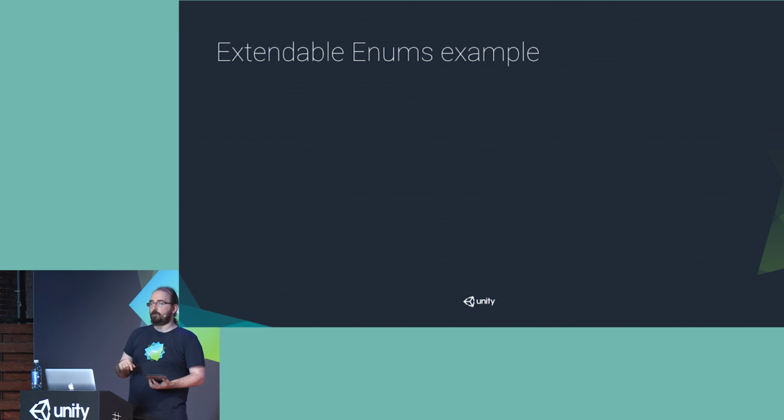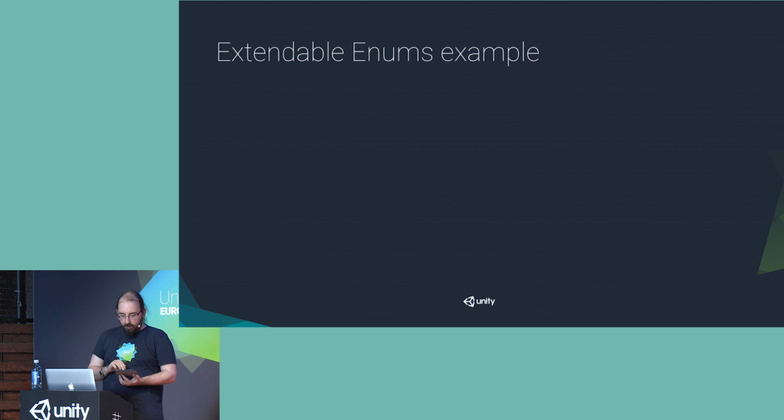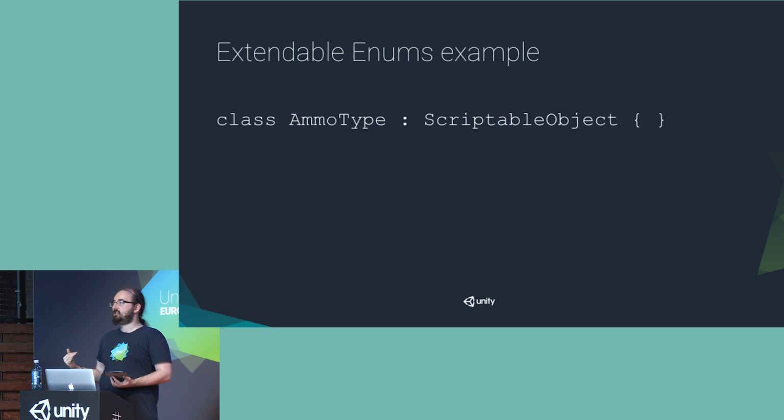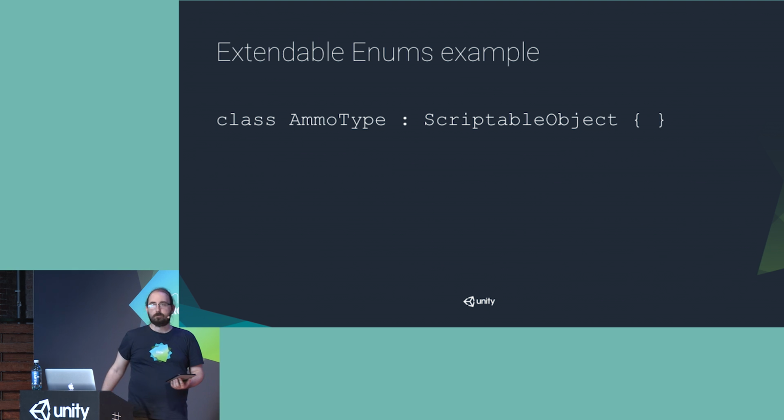So this is from a game I worked on a little while ago. Given something like different types of ammunition, I might have a very simple ammo type scriptable object. It doesn't really do anything in particular, but I just want to keep track of, I got this much 9mm and this much RPG rounds or something like that. From the game's point of view, it doesn't really need to know anything about these.